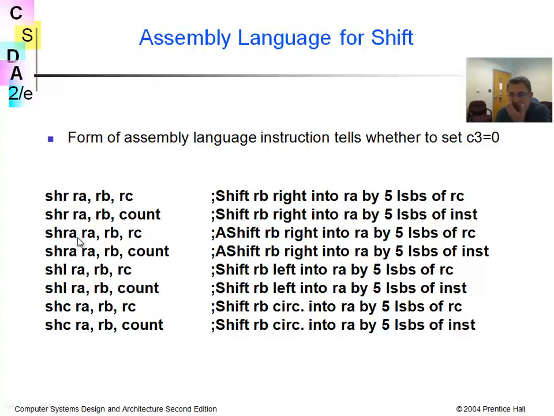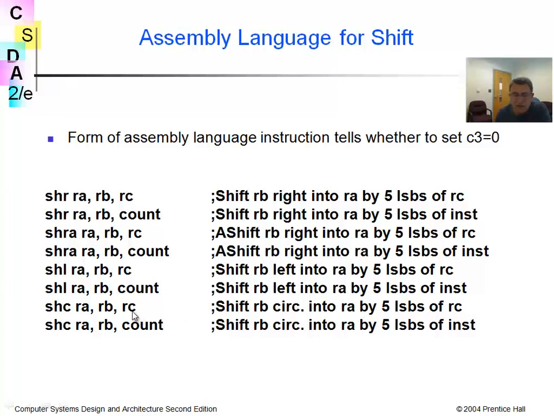Shift right arithmetic, shift RB right into RA by the 5 least significant bits of RC. Shift right by count is a shift of RB right into RA by the 5 least significant bits of the instruction, because it says count. Here is RC, this is by the instruction, RC by instruction. Exactly the same thing.